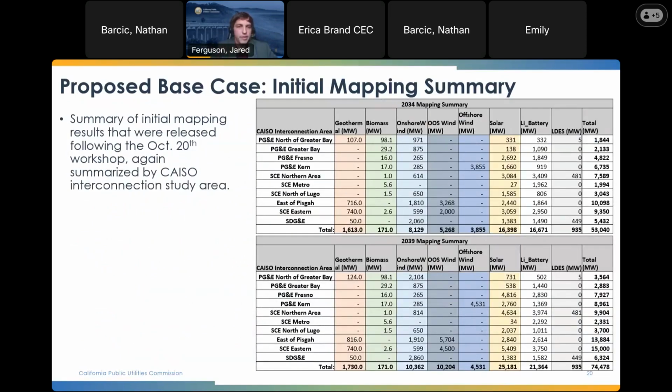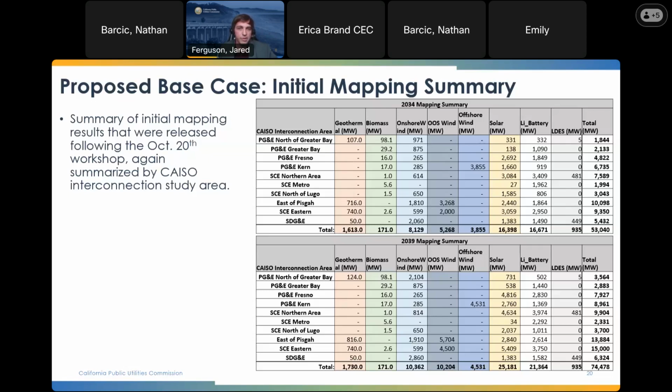So this is a pair of tables showing the 2034 mapping results and 2039 mapping results by ISO interconnection area. We talked about this in the previous workshop, and throughout this presentation, I try to show both some summaries by IRP's traditional RESOLVE resource regions, but also the ISO interconnection areas.